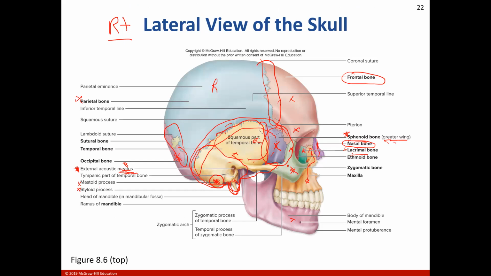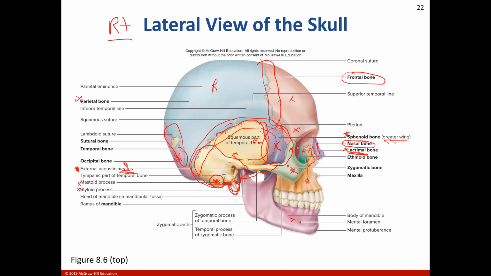Lacrimal has to do with a gland that produces tears, like crying. Lacrimate means to tear. So there's a duct right up top of that, and then there's a hole where the tears will drain into, called the lacrimal duct, that will go into the nasal cavity, actually.